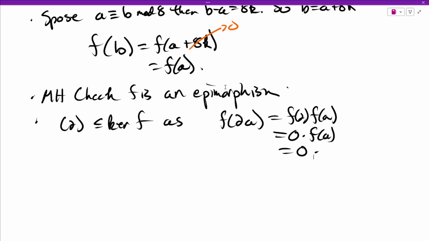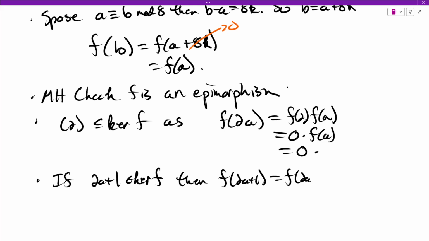There are lots of ways of showing that they're equal. I'm going to do something silly. The only other elements that the kernel of f could contain are the odd looking elements. So if 2a plus 1 was in the kernel of f, something that was missed by the multiples of 2, then f of 2a plus 1 is f of 2a plus f of 1. f of 2a is 0 by the previous part, plus f of 1 is 1, so you get 1 as an output.